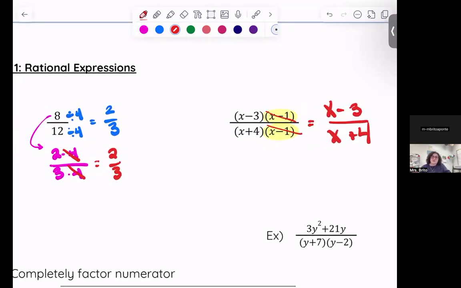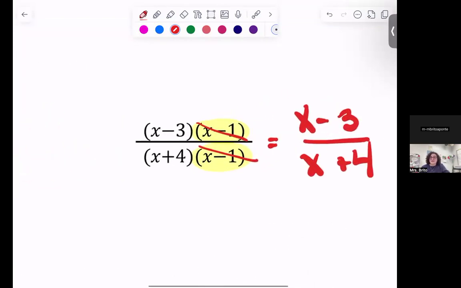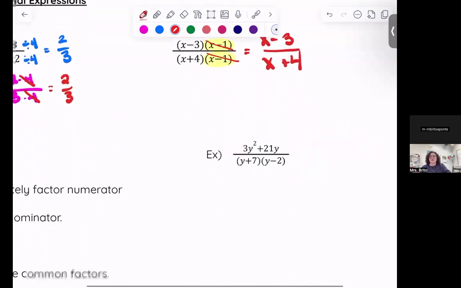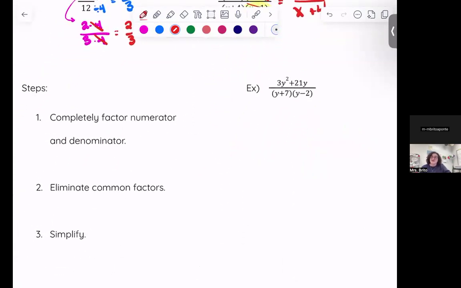8 over 12, we know how to work with numbers, and we were already given a nice simplified expression there. What you're going to work on today is simplifying expressions on your own. We need to start by factoring the numerator, then the denominator. You can eliminate your common factors just like we did before, and then simplify.